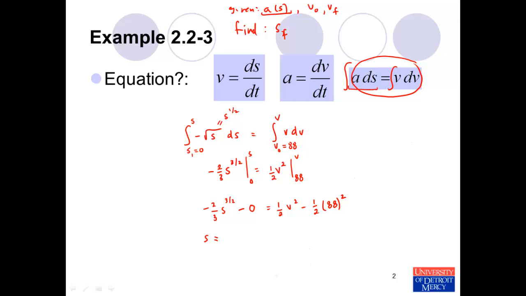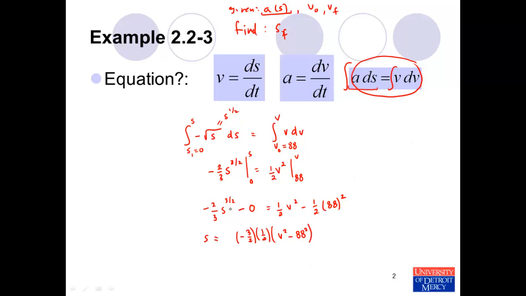In order to isolate s from the left-hand side, first we need to remove this coefficient, so we multiply by -3/2. Do that on the left and the right. We can factor out this 1/2, left with v squared minus 88 squared.